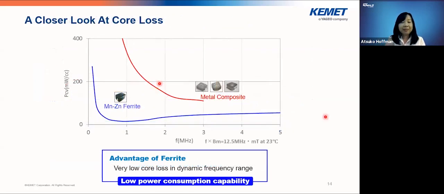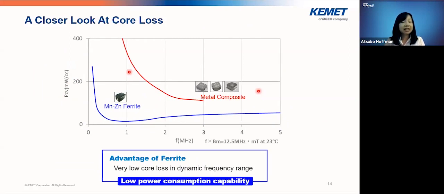Now, the third element of the power loss was from the core, what we call core loss. And the core loss is strictly related to the material we use. In this case, we're showing ferrite, manganese zinc ferrite material core loss. And then the metal composite, an iron silicon based material's core loss.